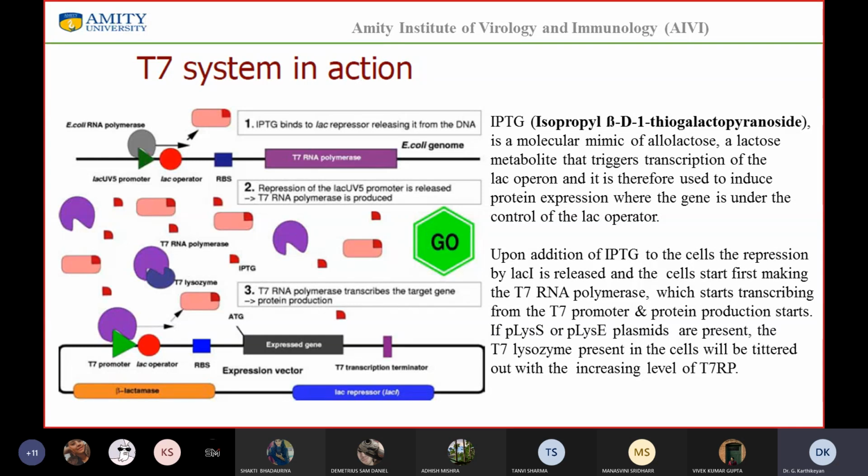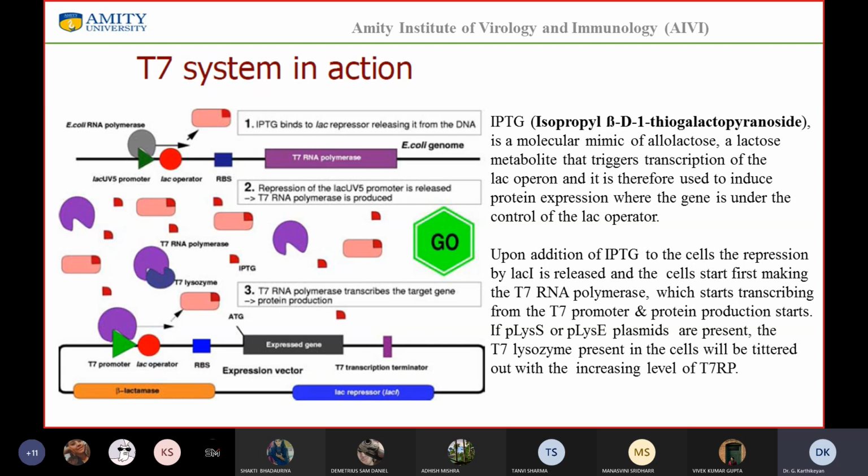For routine academic studies, this is a fairly good system to find out whether your gene of interest is getting expressed. People typically use different concentrations of IPTG, and do these induction studies at different temperatures.